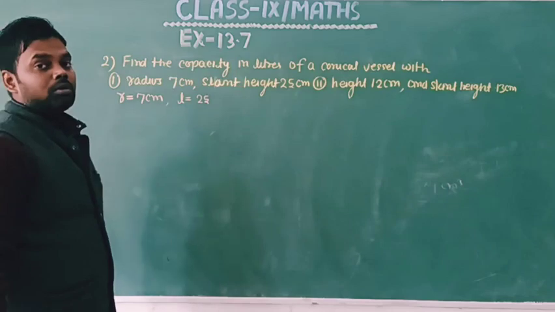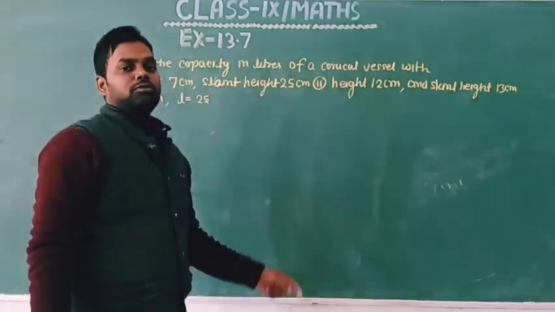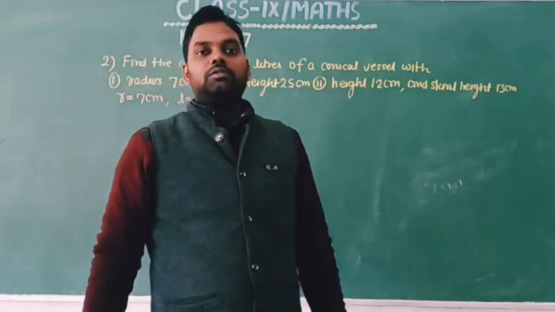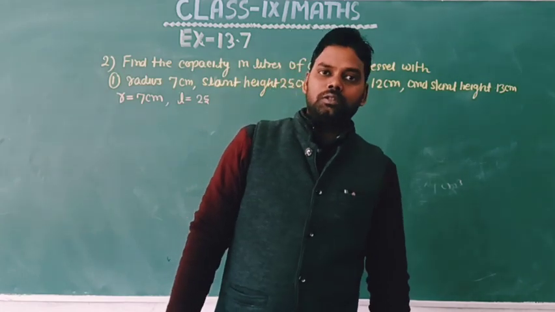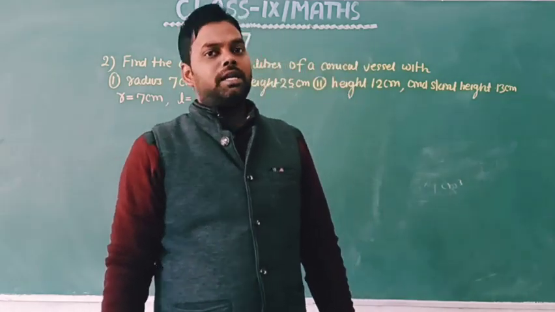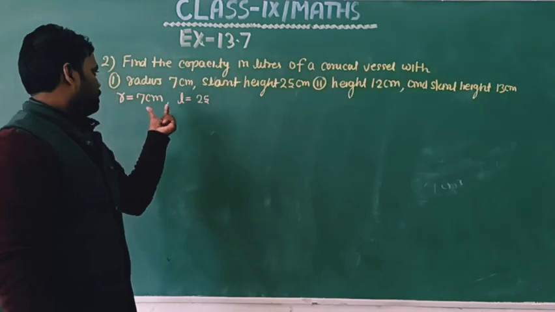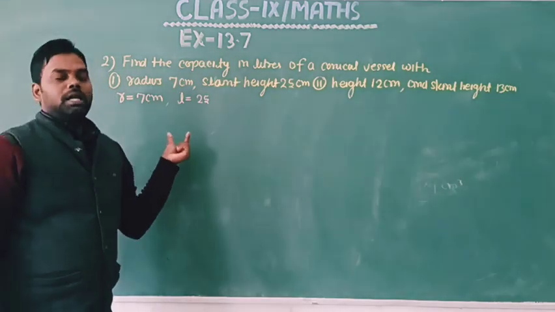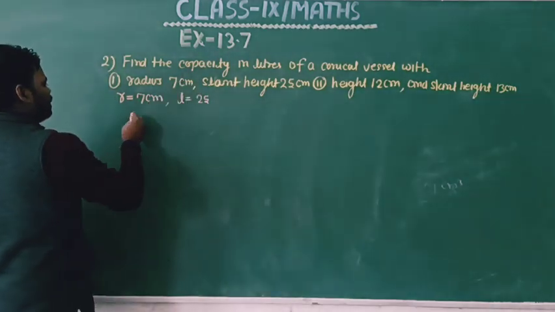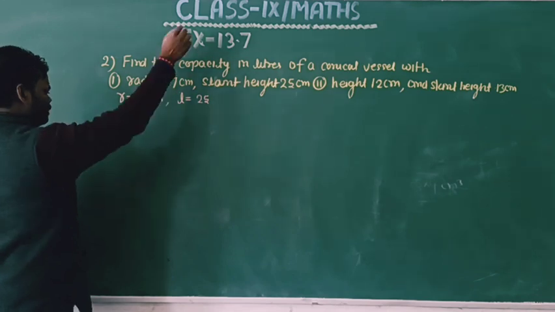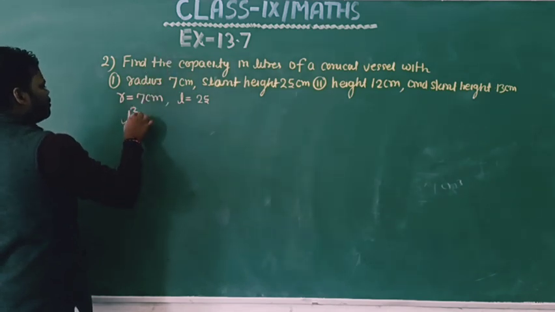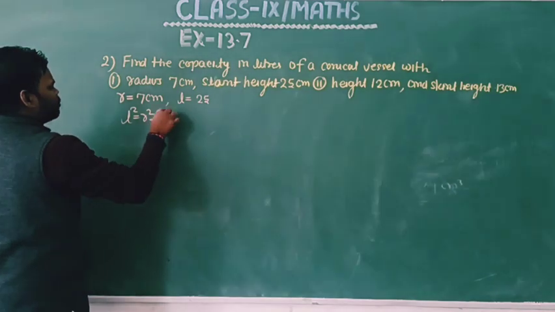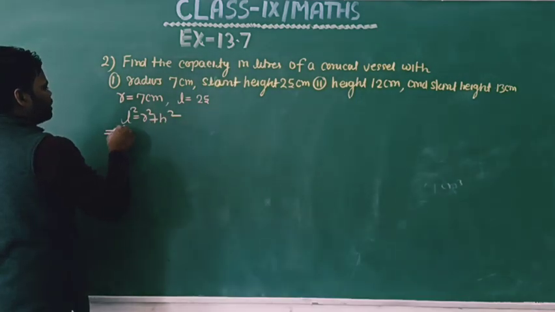To find capacity means to find volume. The volume of a cone is 1/3 pi r square h. Here we need small h, which is not given. So by using the relation l square equals r square plus h square, we have to find h first.